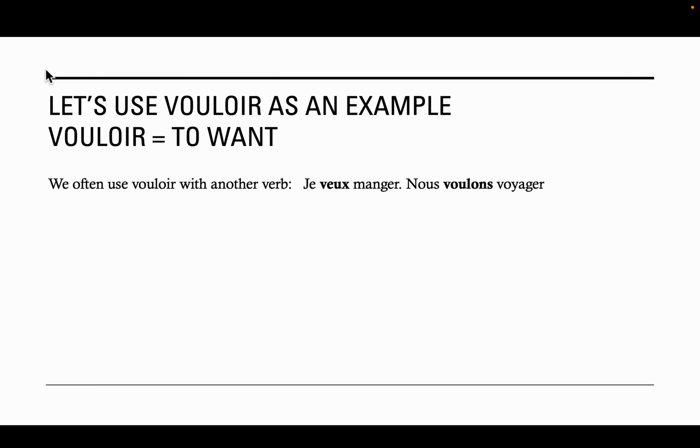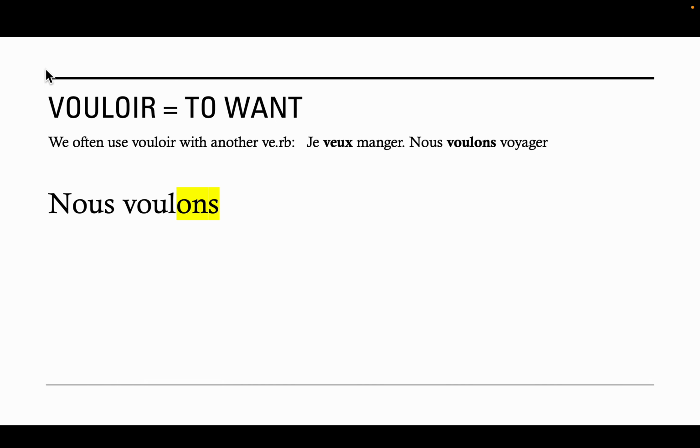So let's start with vouloir as an example. We often use vouloir with another verb. Je veux manger. Nous voulons voyager. So I want to eat. We want to travel. Let's use vouloir to learn how to form the imparfait.